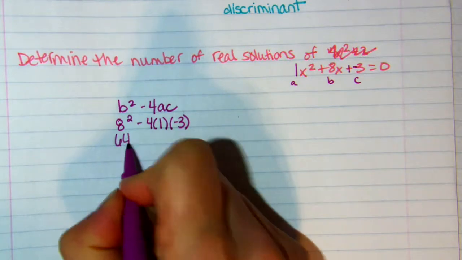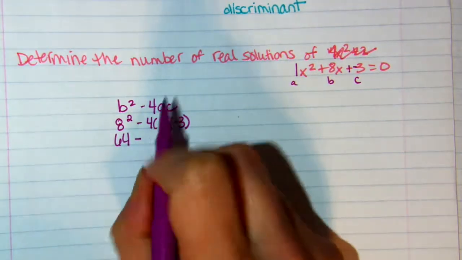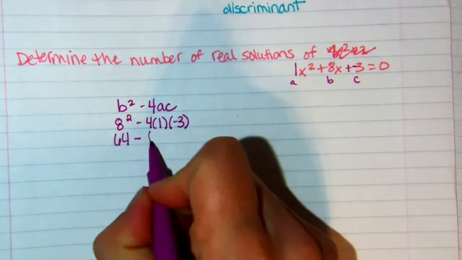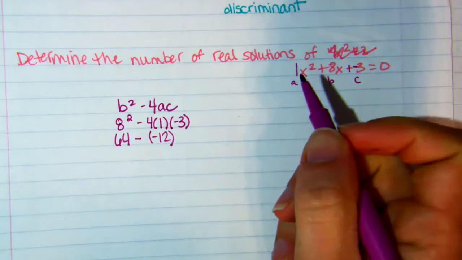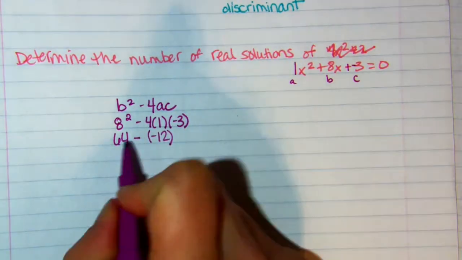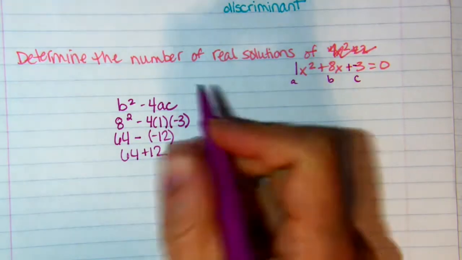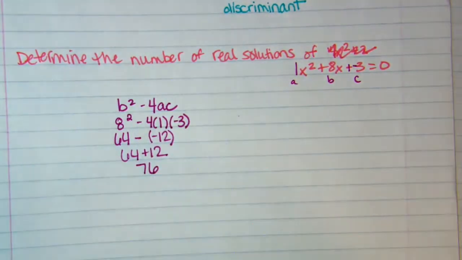So this will be 64 minus 4 times 1 is 4, times negative 3 is negative 12. So then this will be 64 plus 12, and that gives us 76.